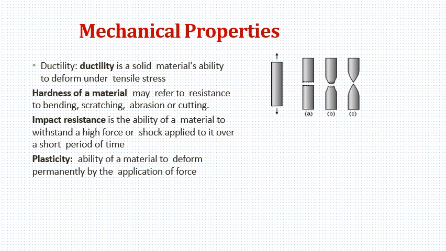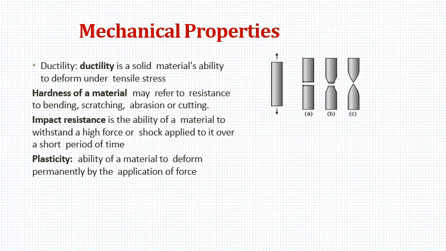Next, hardness of material, which may be the resistance to bending, stretching, abrasion or cutting. For example, if you take a rod and pull it from two ends, it will get some changes according to the original strength of that particular material.